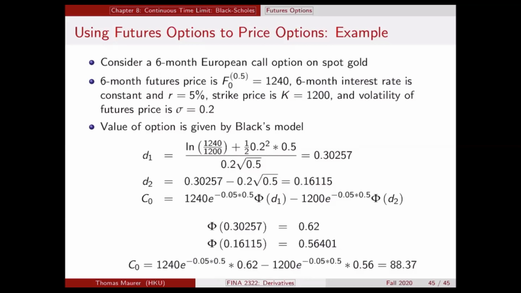Now, according to Black's futures option formula, the call price is equal to the futures price of $1,240 discounted by the risk-free rate, times the probability of that futures option being in the money, which is the probability of a standard normally distributed variable being less than or equal to this 0.30257, which we can either numerically integrate or look up in the normal distribution table, is 62%, minus the strike price discounted by the risk-free rate times the probability that the option is in the money under the risk-neutral probability measure Q. That's the same as the standard normally distributed variable being less than this value over here, which again we can look up in the normal distribution table or numerically integrate.